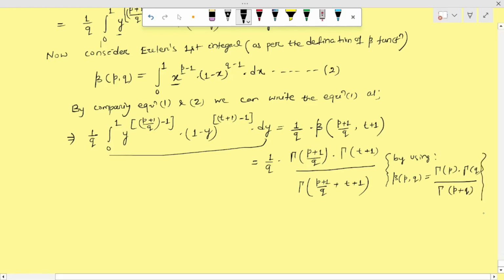So here instead of p, this one p plus 1 by q, instead of q t plus 1 is there.